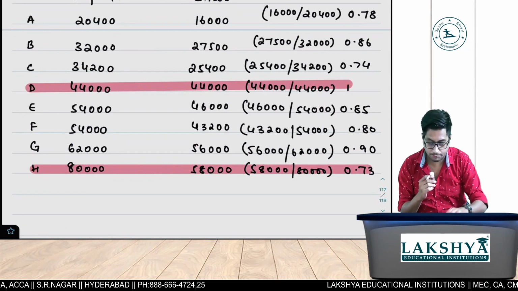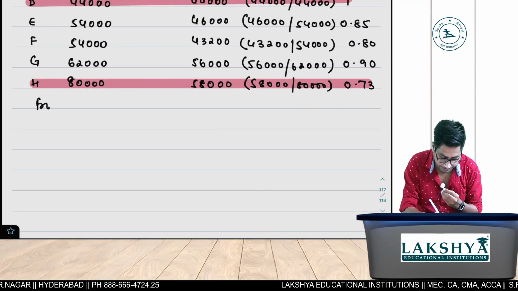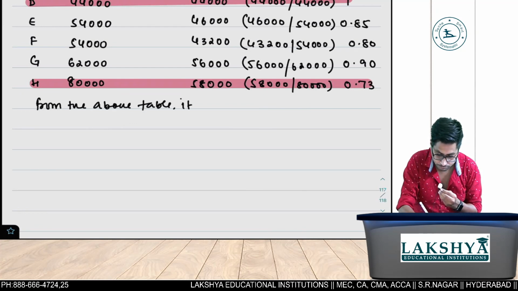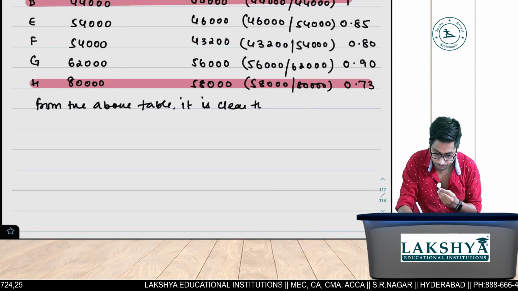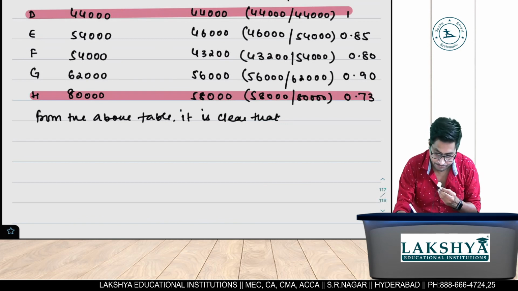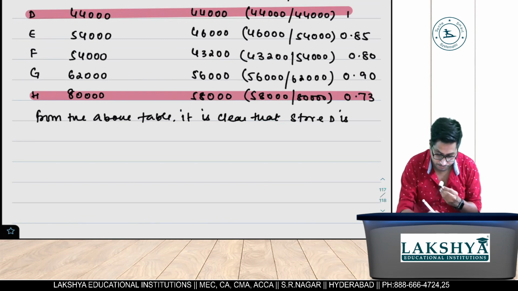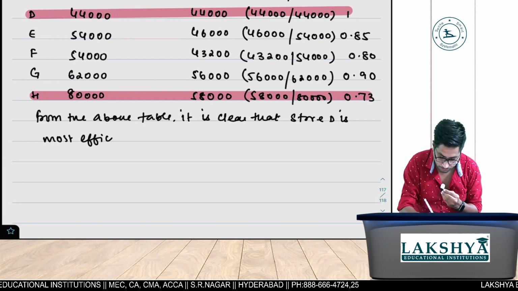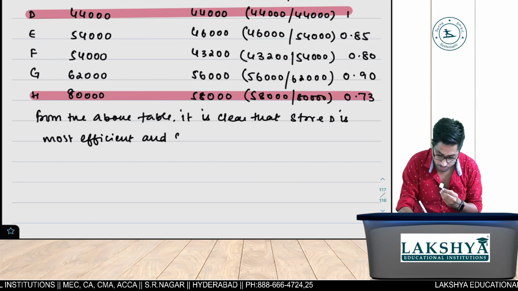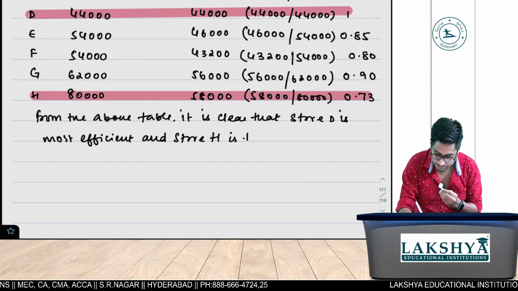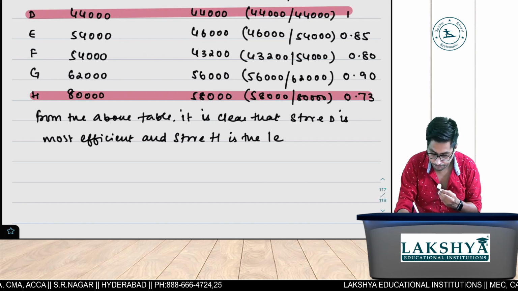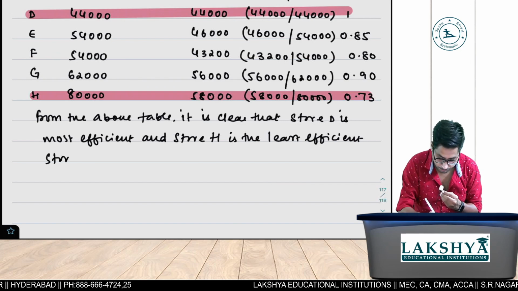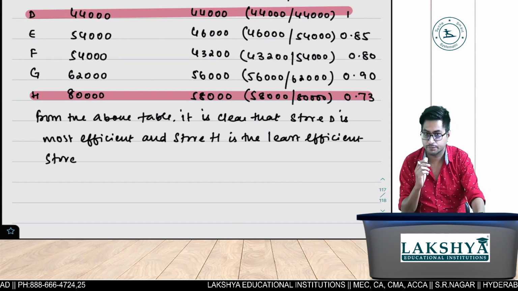Done? Now, so can we write here from the above table, it is clear that store D is most efficient, and store H is the least efficient store. समझ में आया यहाँ तक?